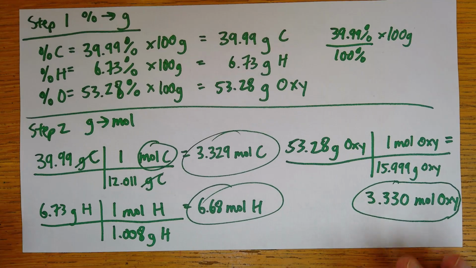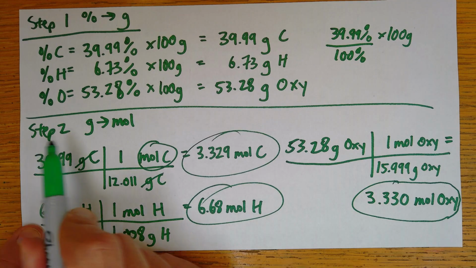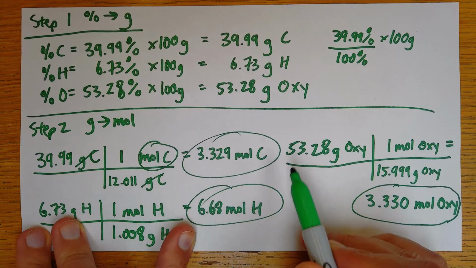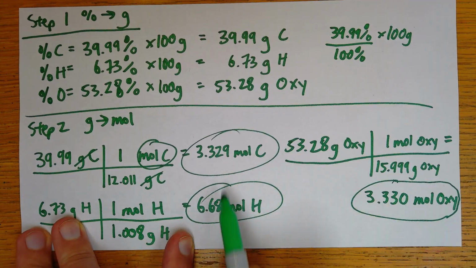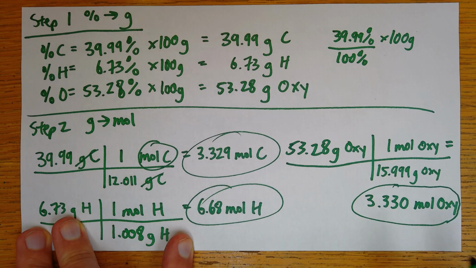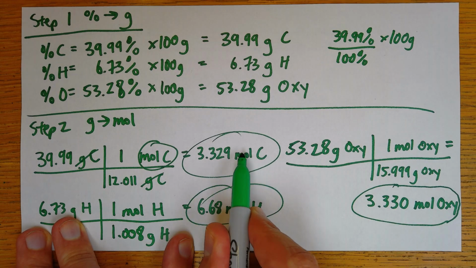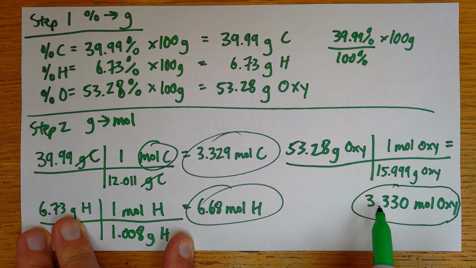Even before we do step 3 with the mole ratios, perhaps you can anticipate some math coming. I know that's maybe not a strength for everyone, but for me, I can kind of see these are about the same number. So that element and that element will be probably a 1-to-1 ratio between the carbons and oxygens.